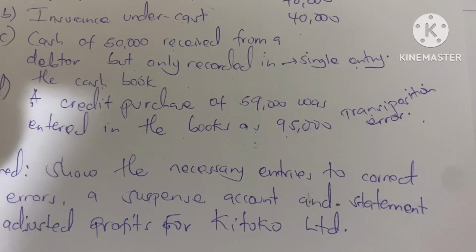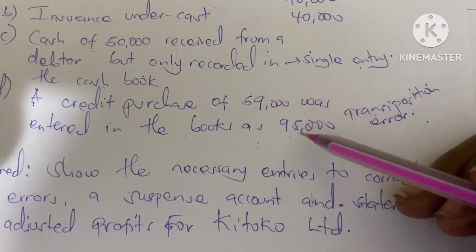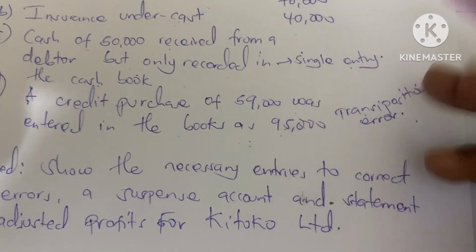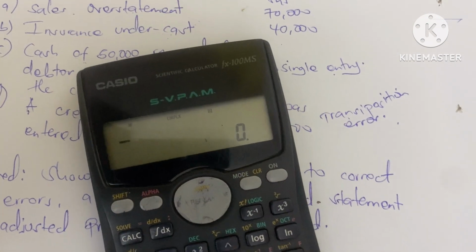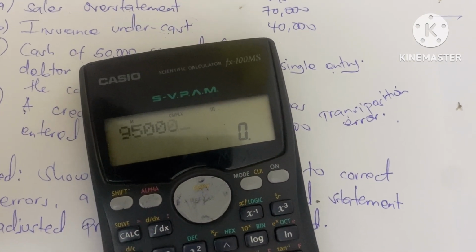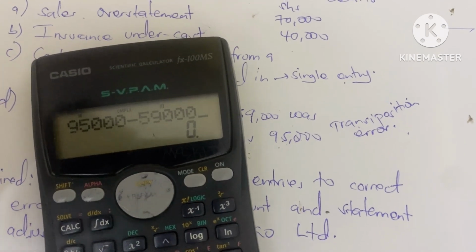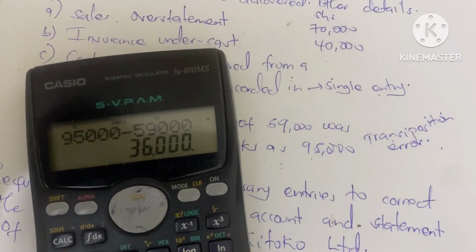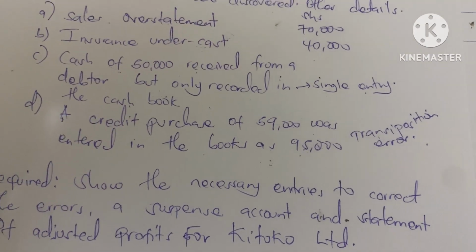So when we are correcting the error, we do the opposite, with the difference between the two. So 95,000 minus 59,000 is 36,000.